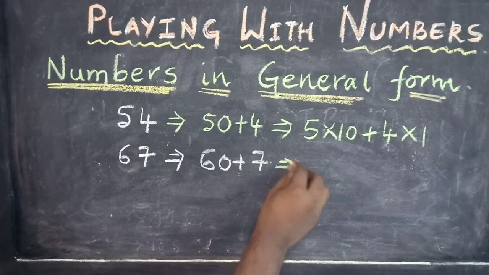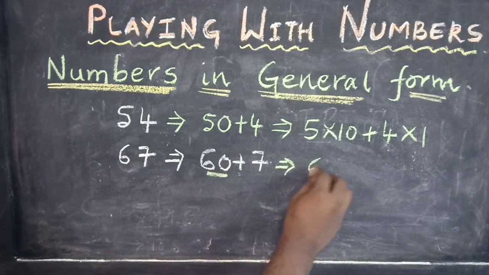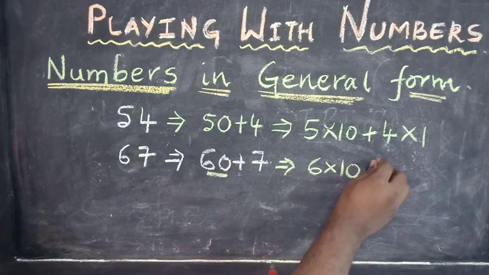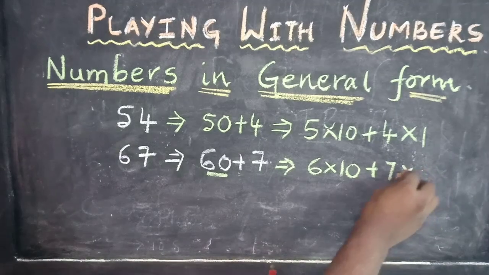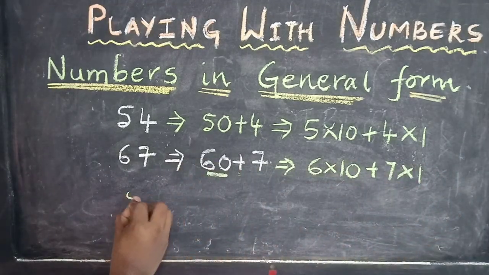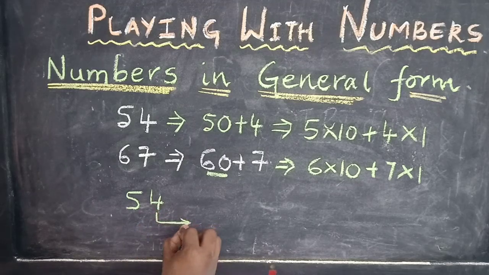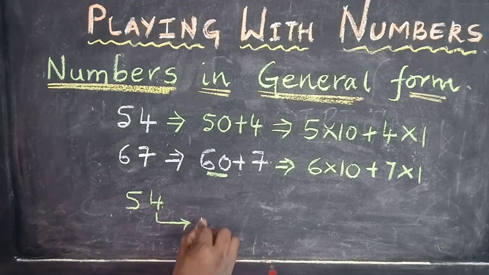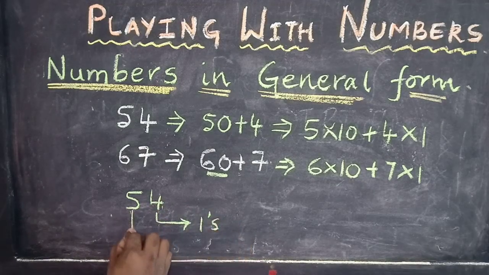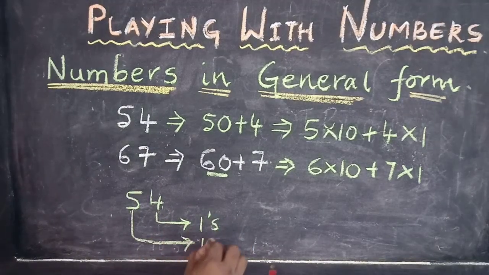In the same way, here 6 times 10 plus 7 times 1. So 54 indicates 4 times ones and 5 times tens.